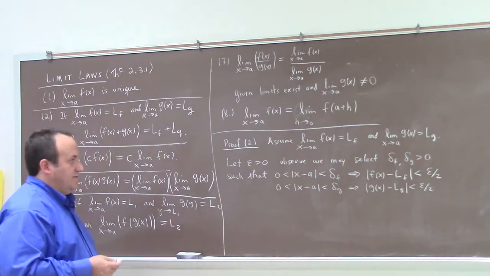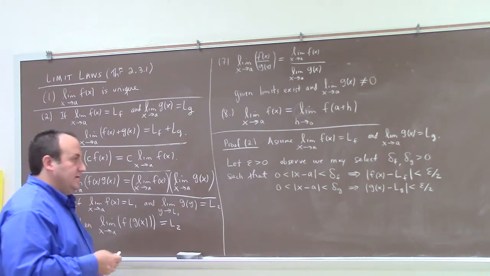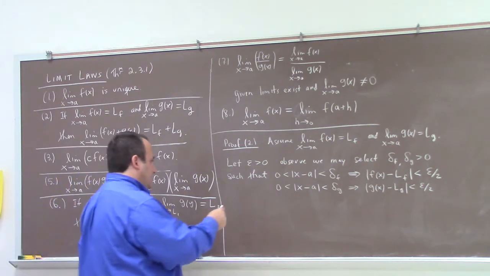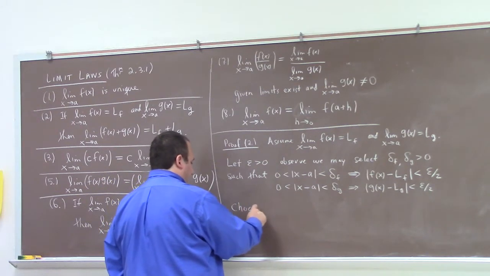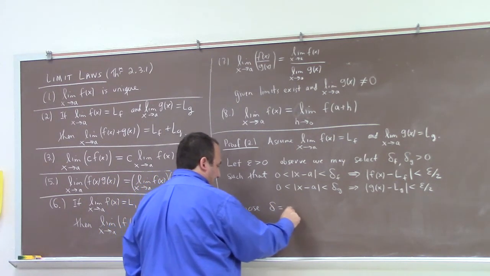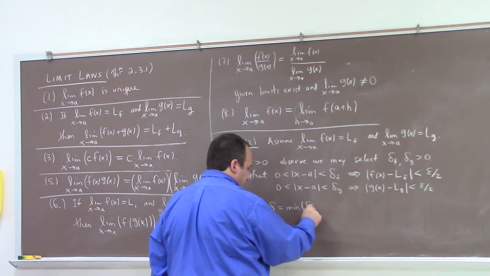You're like, well, okay, why are you doing this? Well, let's see. All right, so choose then delta to be the minimum of the delta f and the delta g.